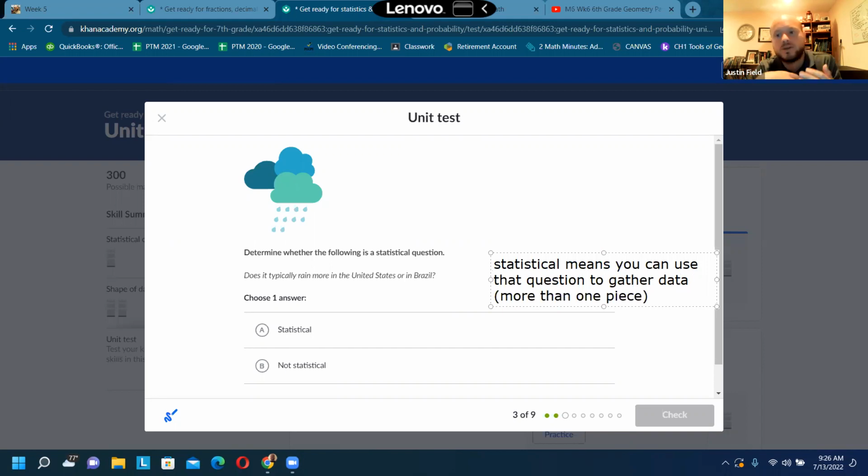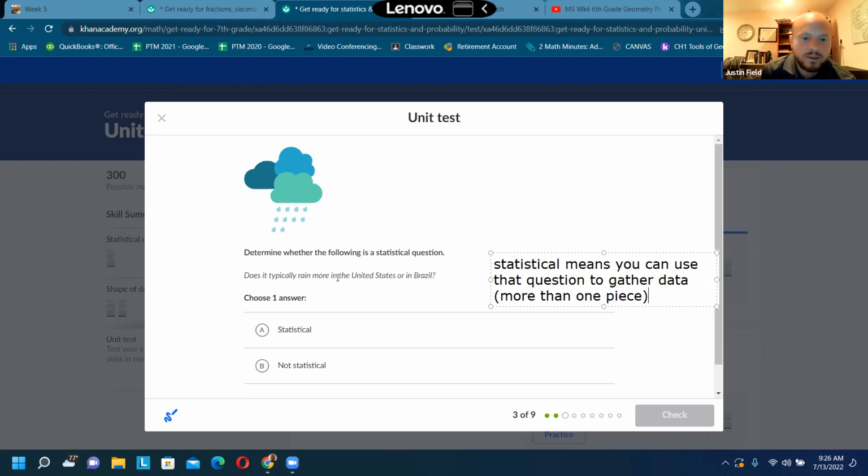So how tall am I right now? That is not statistical because I'm only one height right now. But how tall have I been over time? That's statistical. We can look at my height over time.